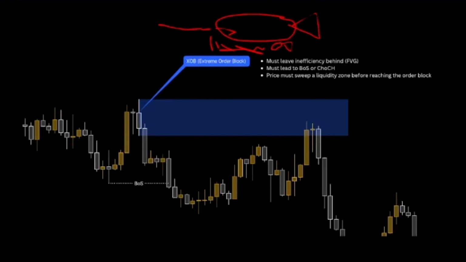Do you want a highly volatile market, or do you want a market that moves slowly but predictably? Find that market, study it, backtest it, and see how the market reacts to all the different liquidity zones and order blocks, so that you know what to expect next time you see an XOB or a midterm order block or breaker block and so on.